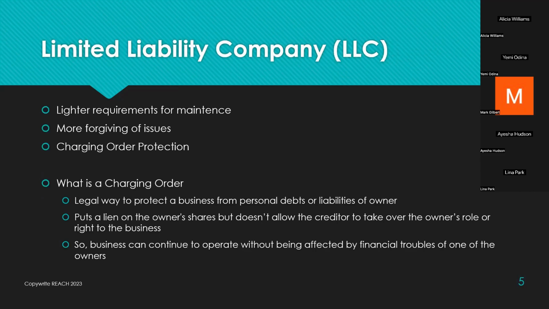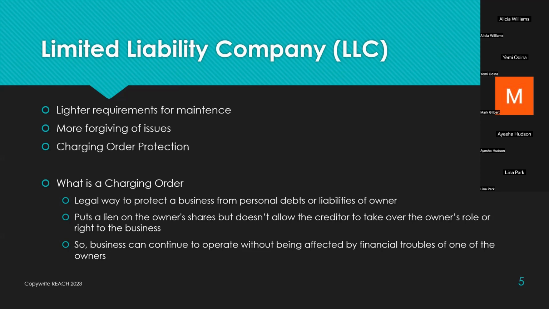So some of the benefits of an LLC is that there aren't as many requirements for maintenance. You don't have to work quite as hard to keep the entity separate. It's more forgiving of a lot of issues, and there are charging order protections. So what is a charging order?